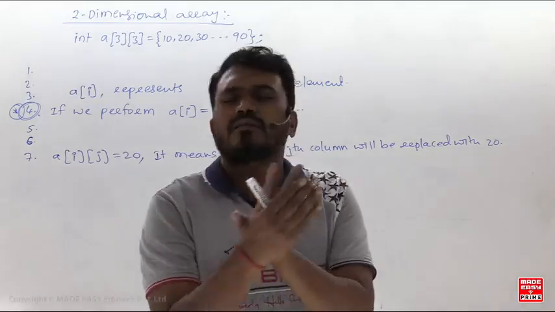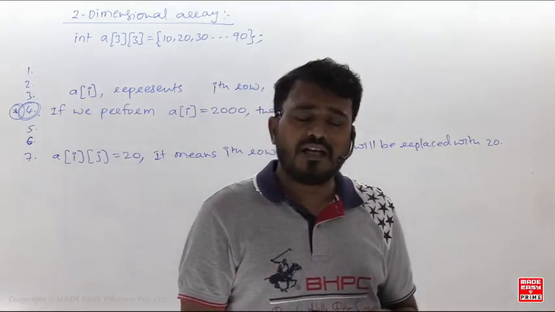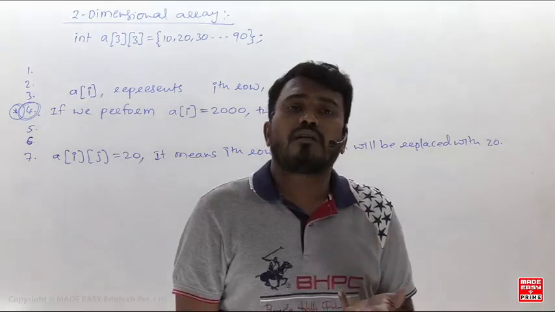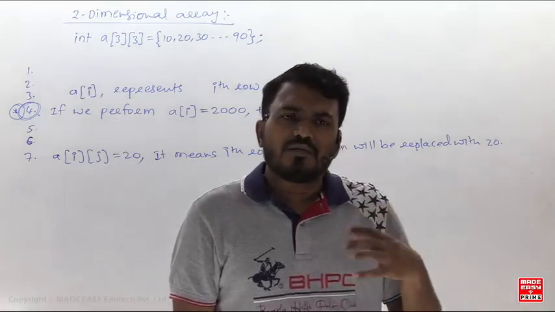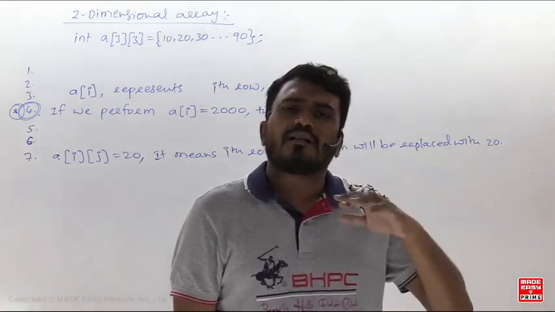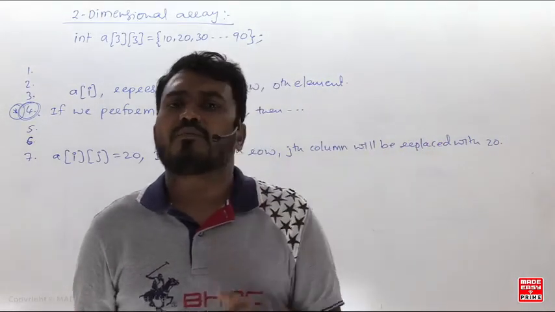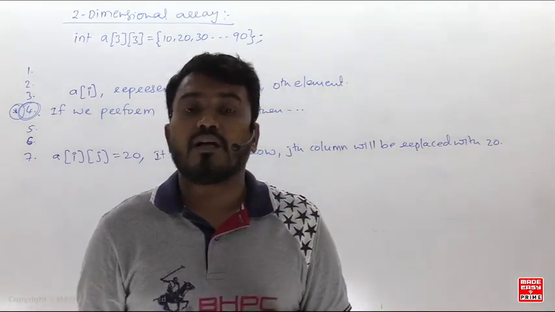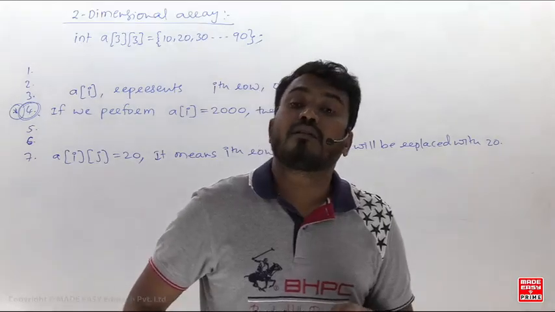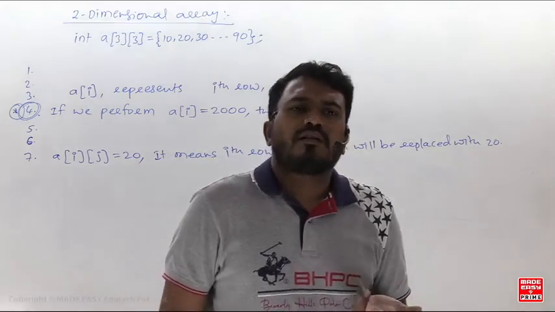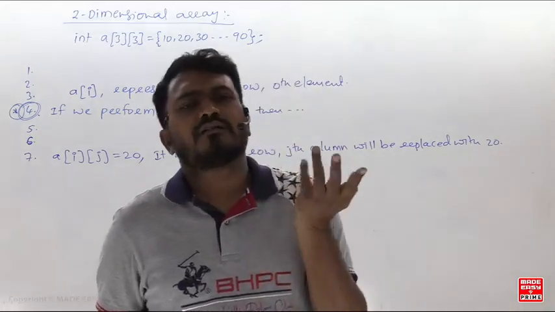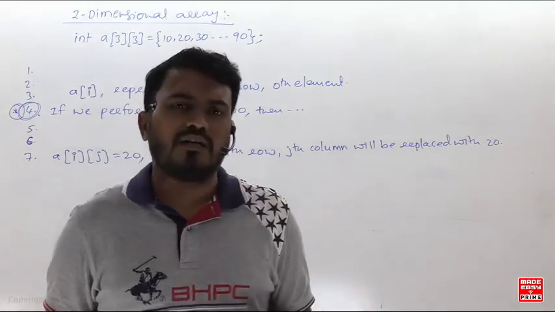Memory is just like continuous locations only. Rows and columns are for the user's perspective, but in the memory it is all continuous memory locations. So the 2D array is stored as multiple 1D arrays, because in the memory there is no 2D or 3D array.